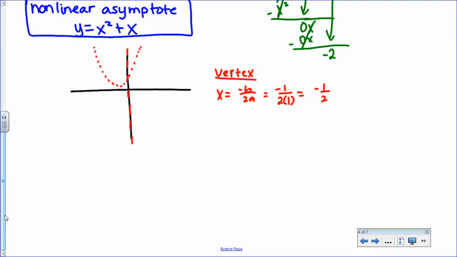And then to find the y coordinate, you plug that back in for x. And that's 3/4. So your vertex is -1/2, 3/4. I love that asymptote.